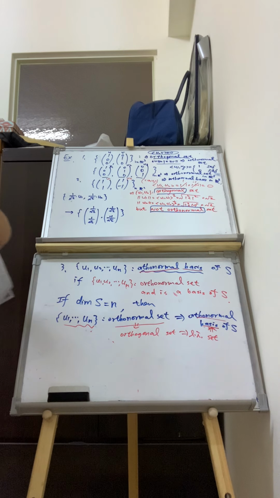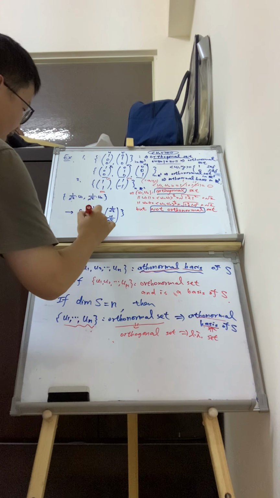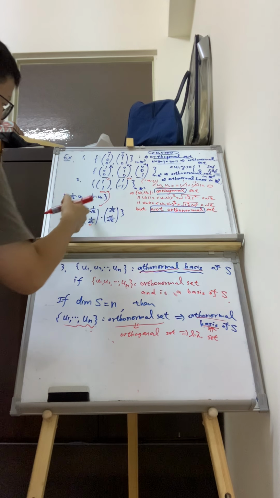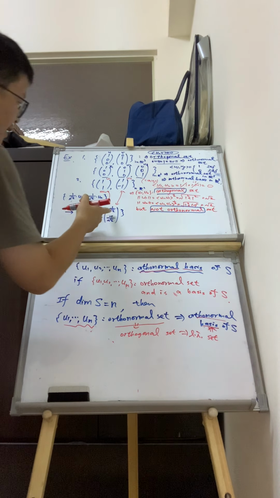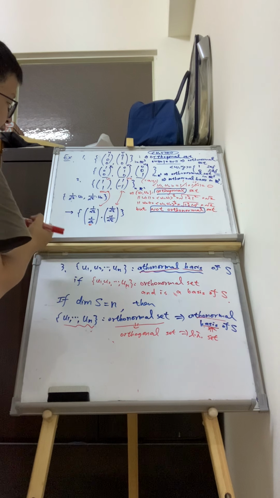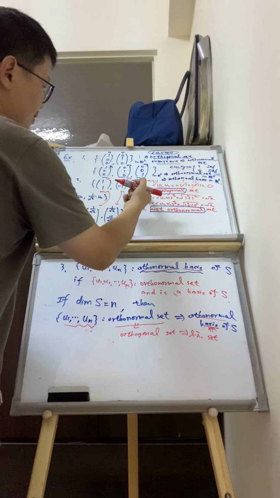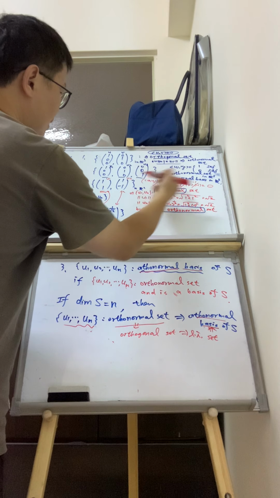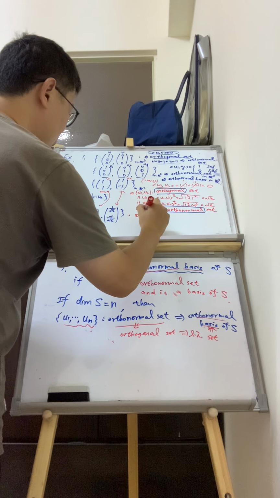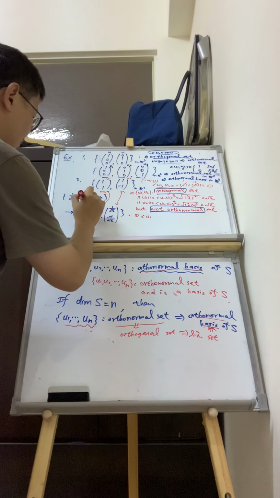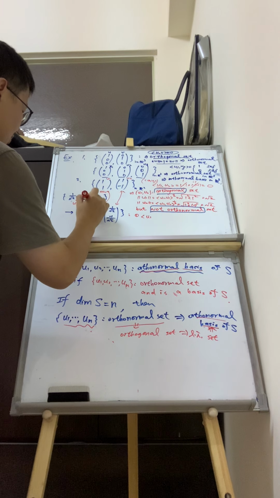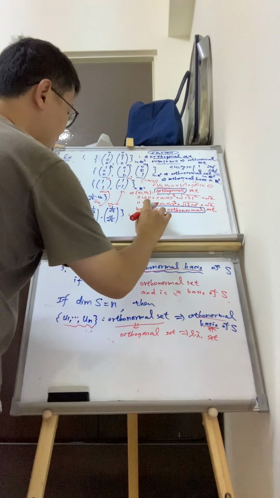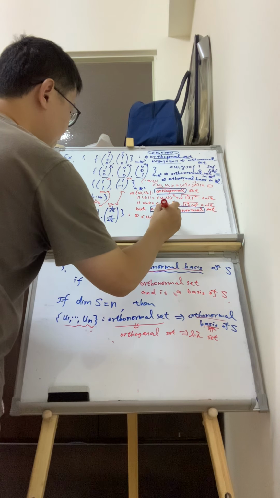First of all, compared with the original vectors, we just multiply each by 1 over square root of 2. If we denote the new vectors by w1, w2, then of course the inner product of w1, w2 must be 0.